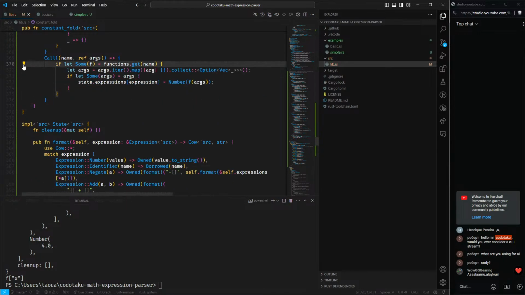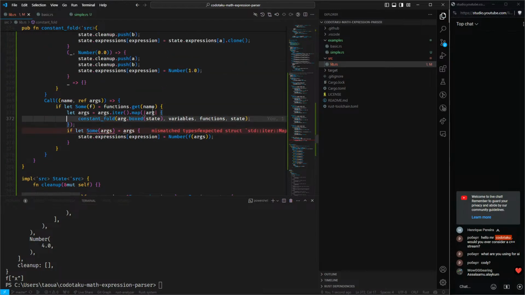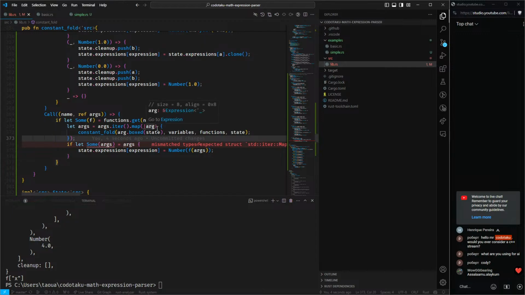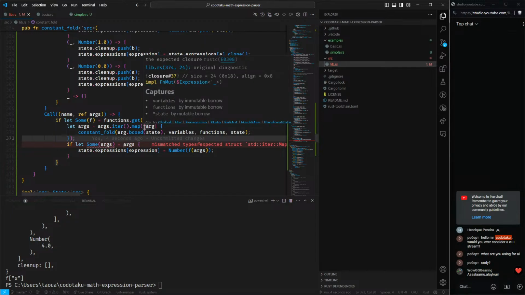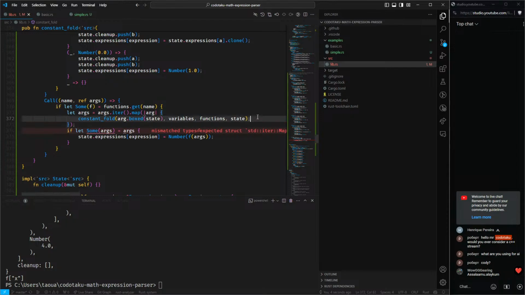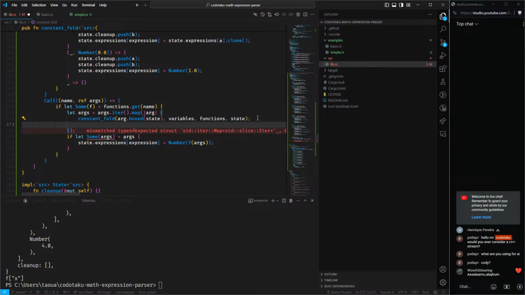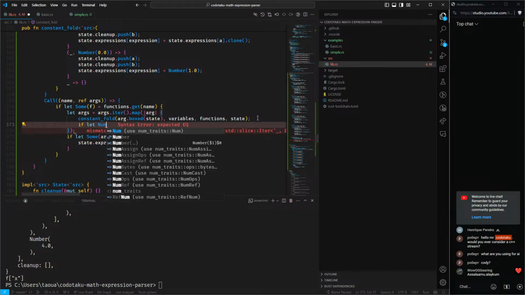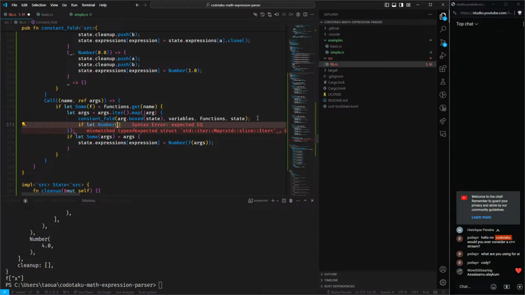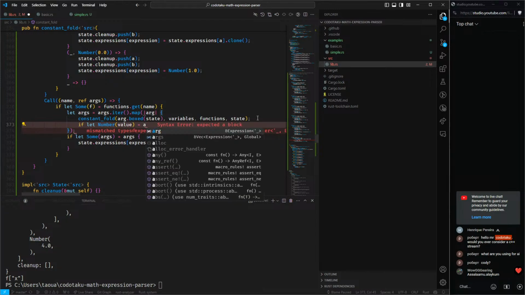Maybe? Can we? No clue. And I don't know why it's collecting this craziness right here, but let's do this for a second. And let's just constant fold. So after constant folding, we're gonna return, if let number is equal to value, is equal to argument.